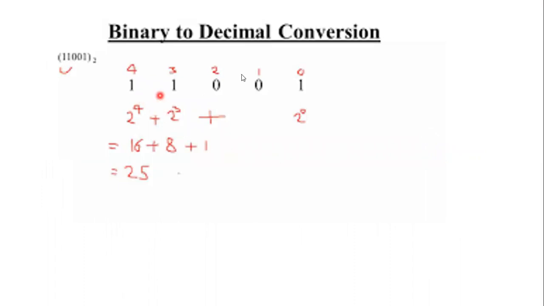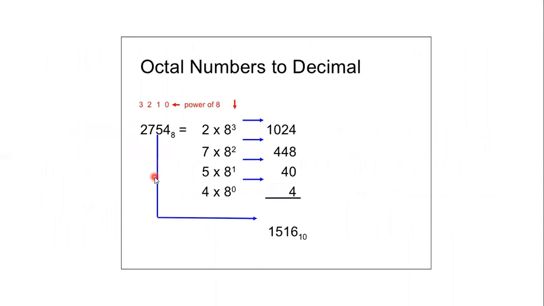If I give you a number, how will you find out the decimal equivalent? You will put the place values, you will add up, and you will get the answer. How do you convert it into octal? You will keep dividing by 8.